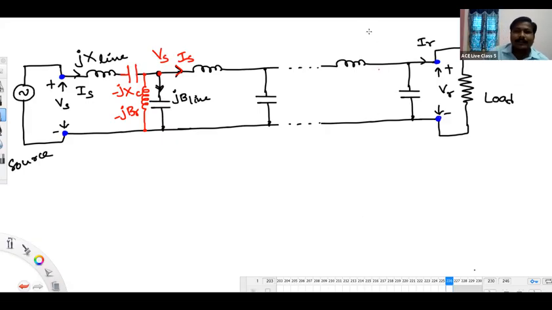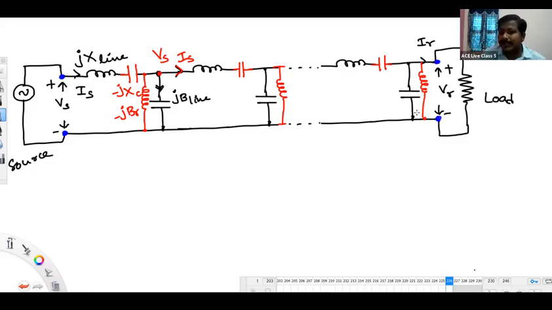Like that, for each and every kilometer length, I will be keeping one series capacitor and one shunt reactor. Series capacitor we are keeping to cancel the series inductive reactance. Shunt reactor we are keeping to cancel the shunt capacitive effect.